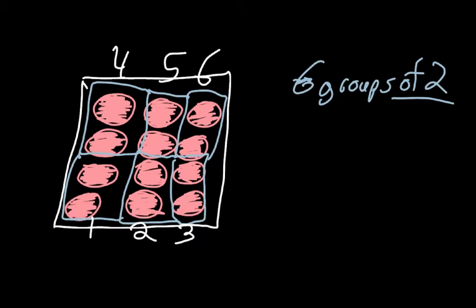For instance, 6 groups of 2 is really just the expanded way of saying 6 times 2. Because there are 6 groups of 2 in this scenario.